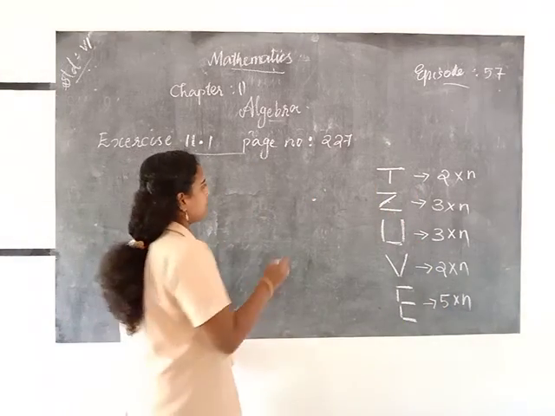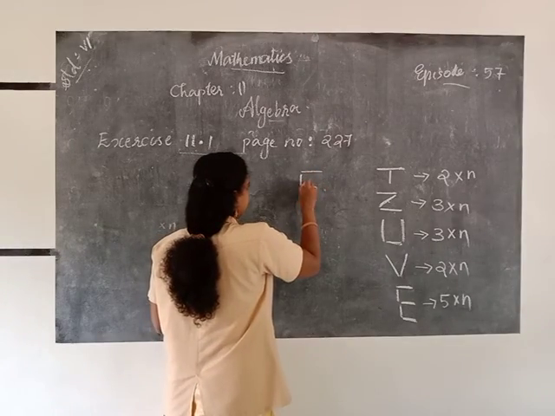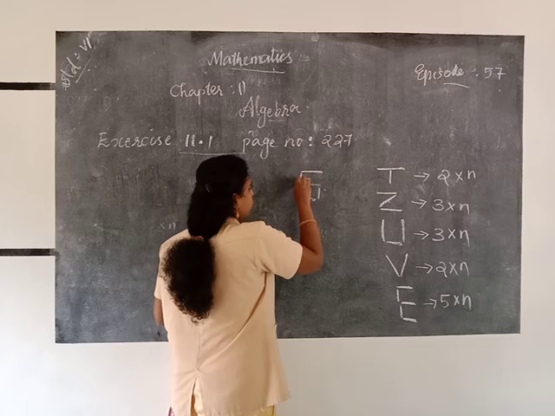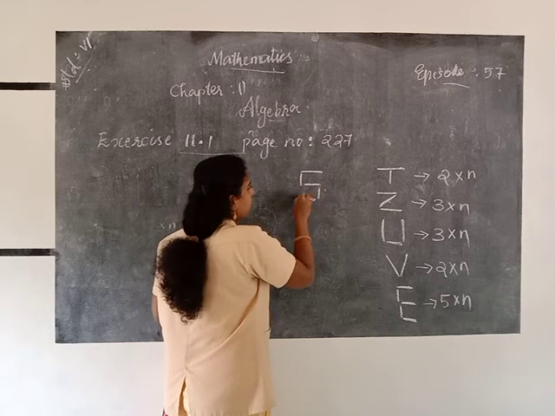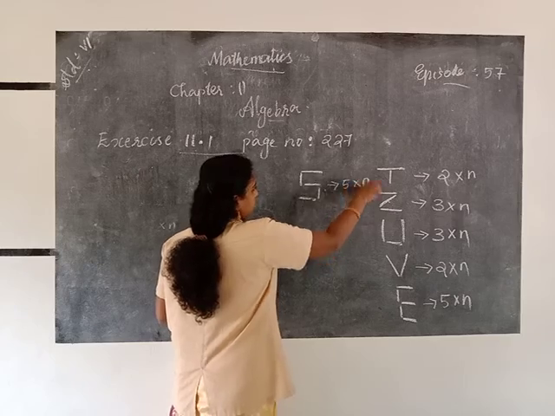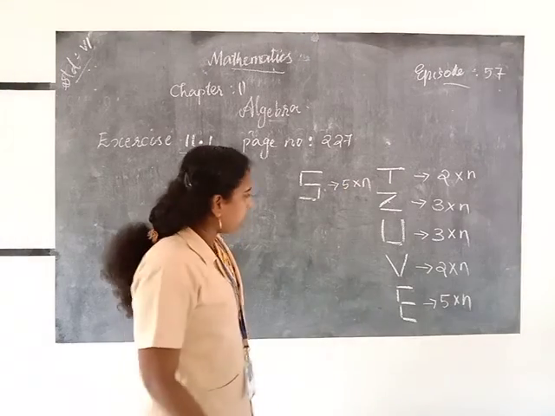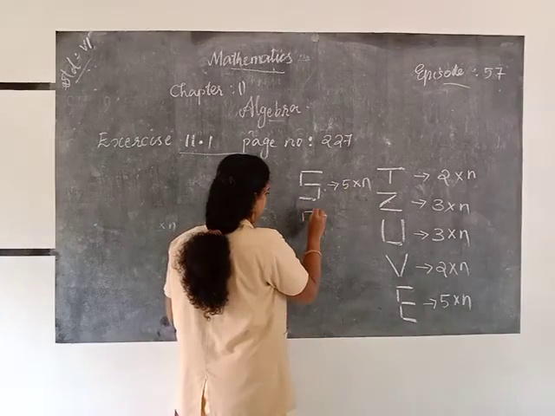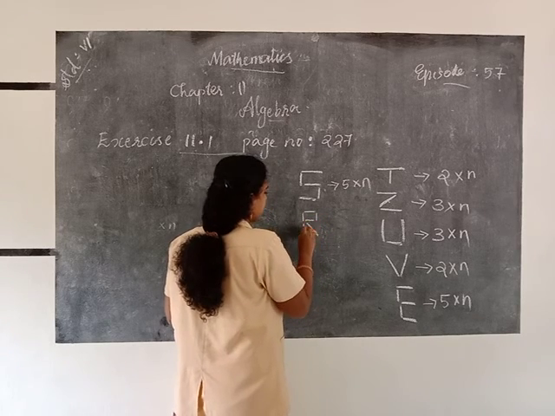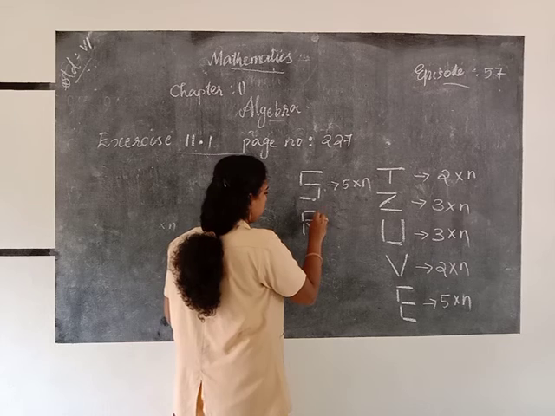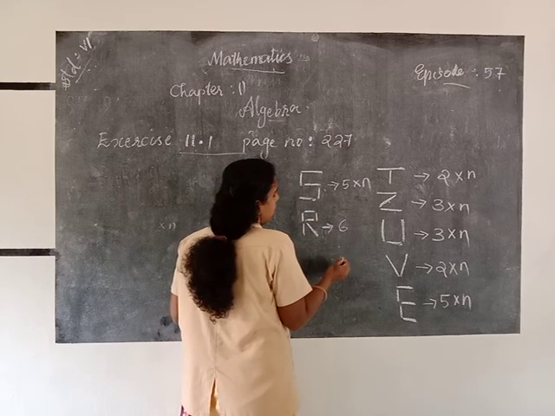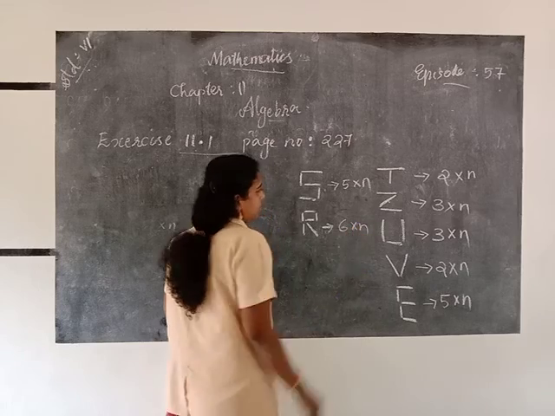Then the next letter is S, and here we use 1, 2, 3, 4, 5 matchsticks. So 5 into N. And the last letter is R, and here we use 1, 2, 3, 4, 5, 6 matchsticks. So the rule is 6 into N.